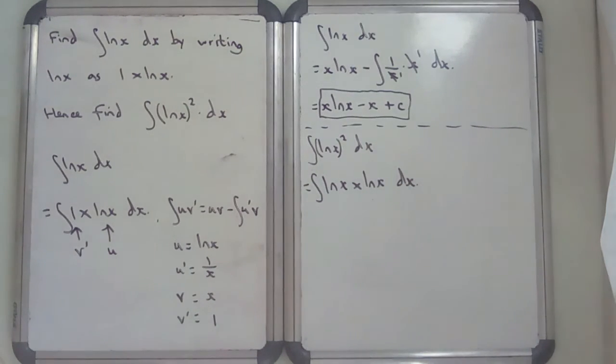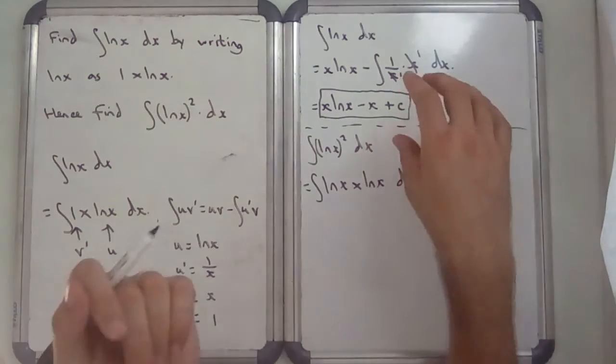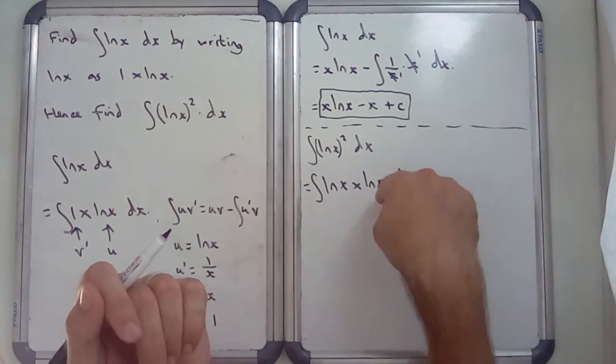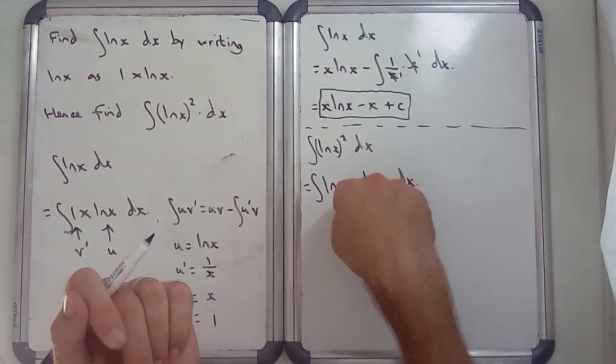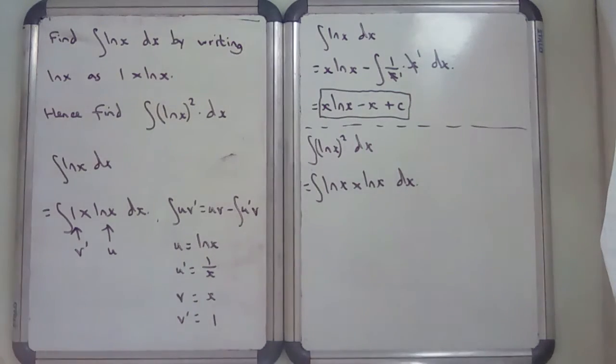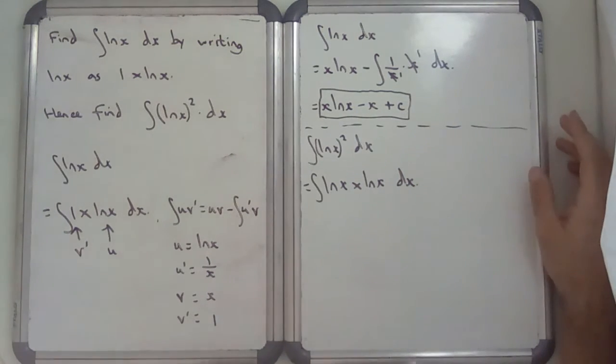We can do it this time because our first part has led us to actually know the integral of this, and we already knew the derivative, so we can pick our u and v dashed because we know how to differentiate one and we know how to integrate the other. Well, they're both the same anyway.